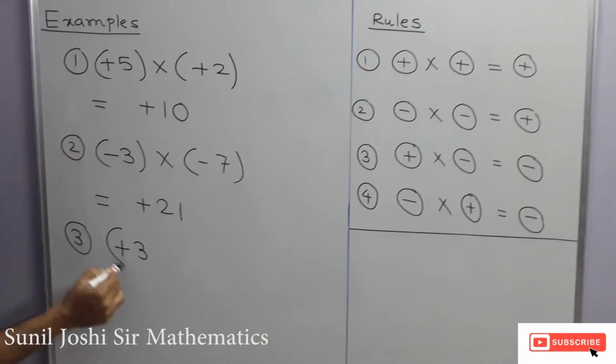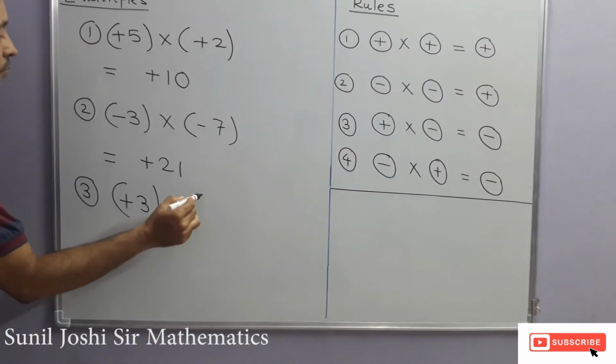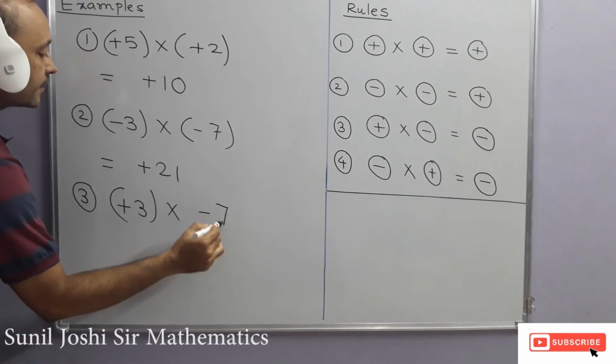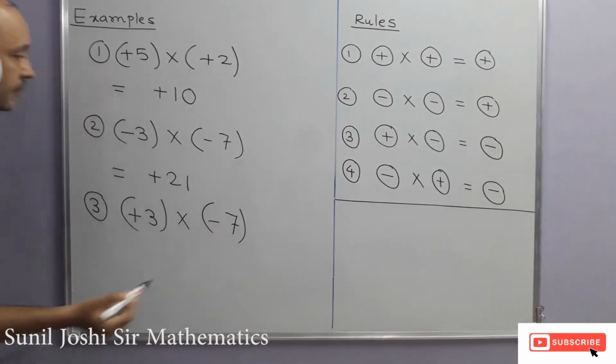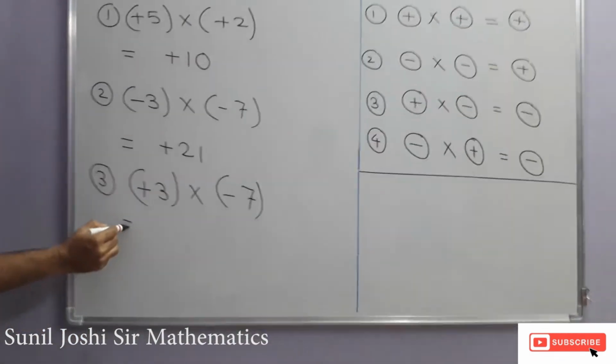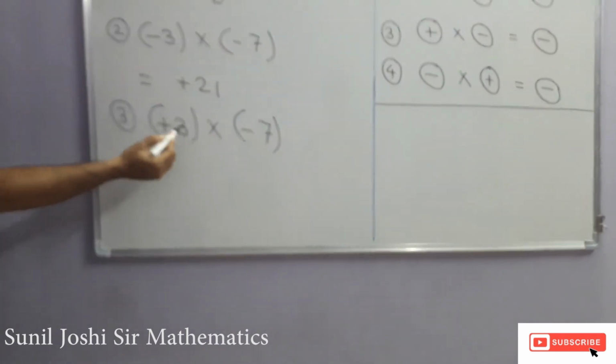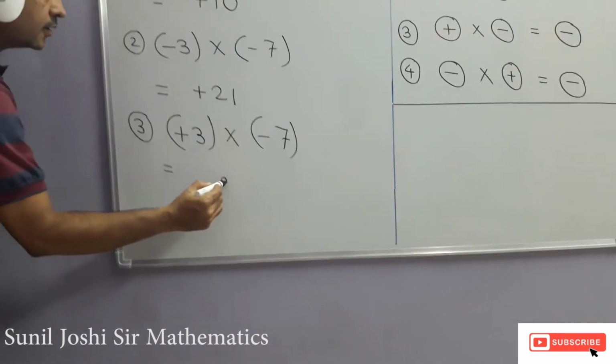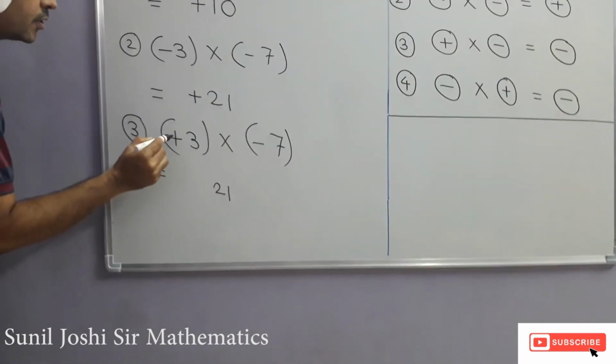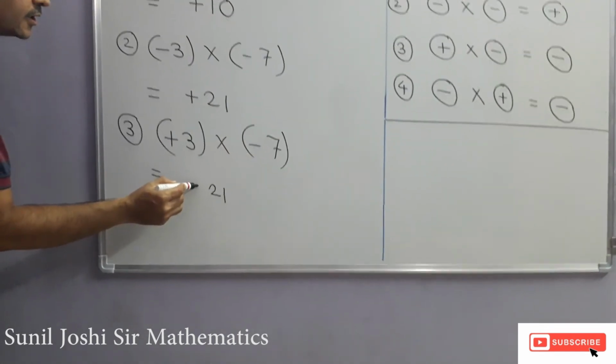The next example, positive 3 into negative 7. So 3 and 7 are the digits, so let us multiply. 3 into 7 is 21, and see the signs, that is positive into negative, the answer is negative.